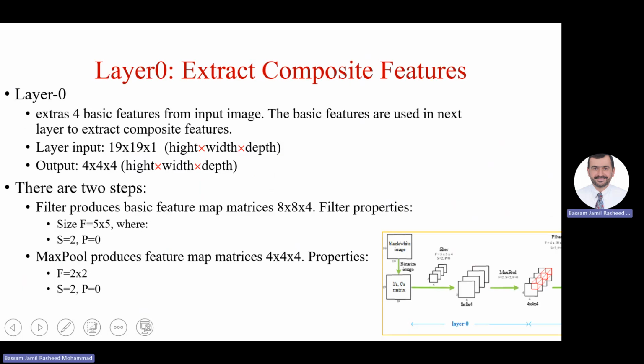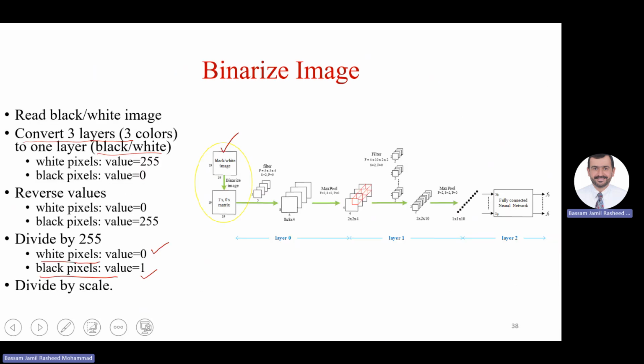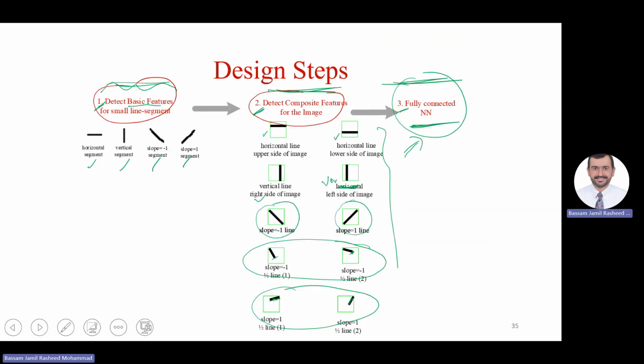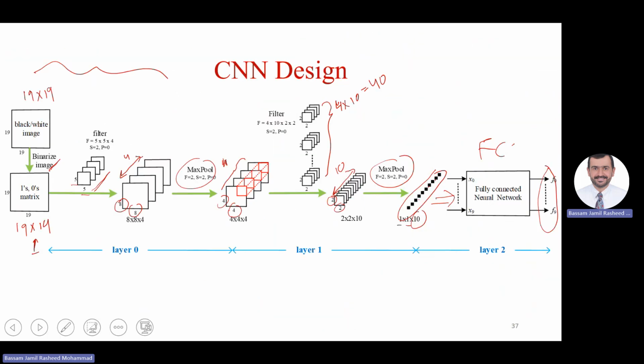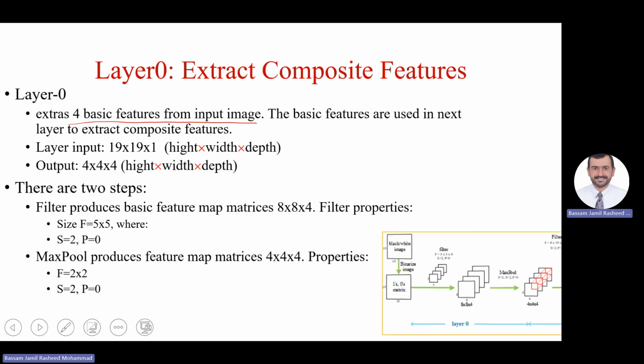Then what we do here is apply these filters. We wanted to extract the four basic features. What are these four basic features? If I go to the beginning, I said these are my four basic features: horizontal line, vertical line, negative slope line, and positive slope line. I want to extract them, so how do I extract them? I apply filters.